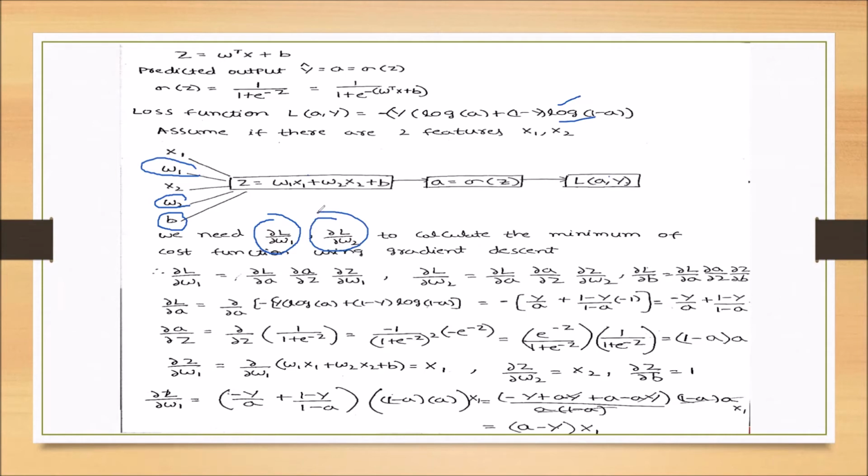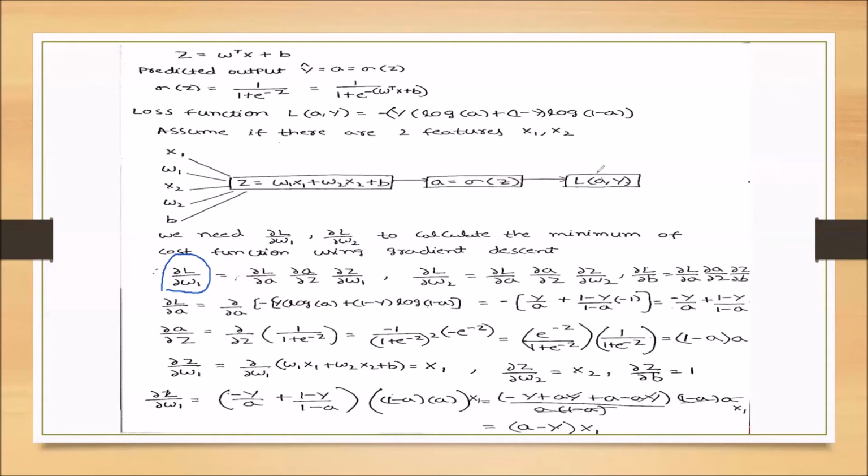Why do we require dou L by dou W1, dou L by dou W2 and dou L by dou B? Because that will be useful to us to find the minimum value of this loss function when we use gradient descent. So first, in order to calculate dou L by dou W1, we are checking the loss function.